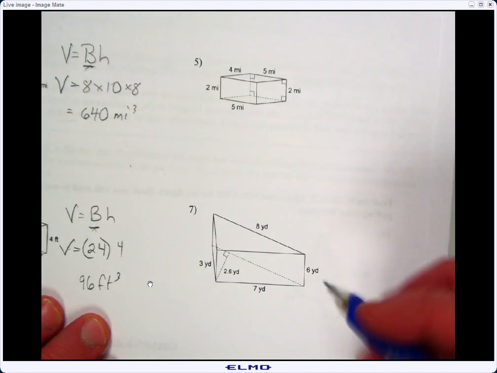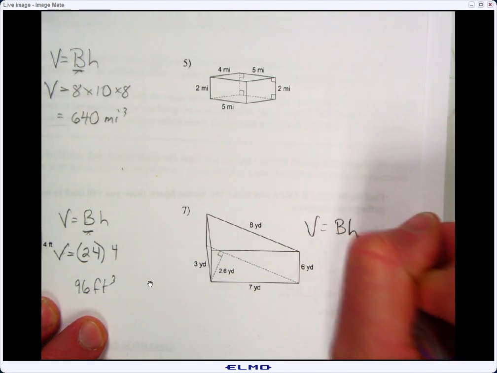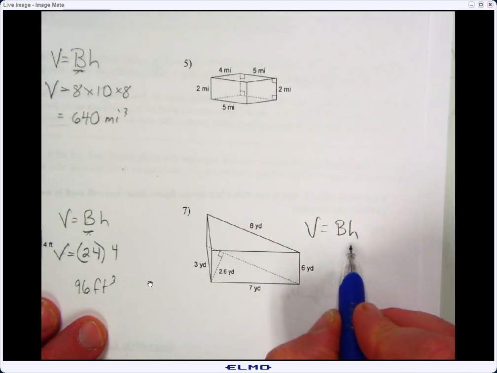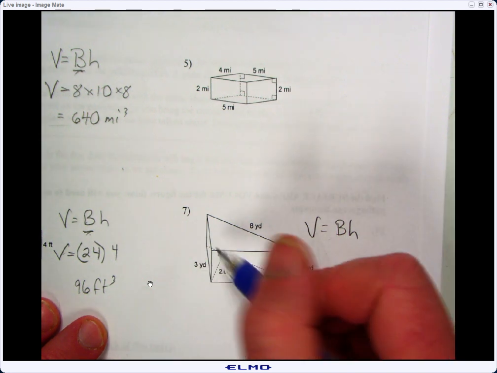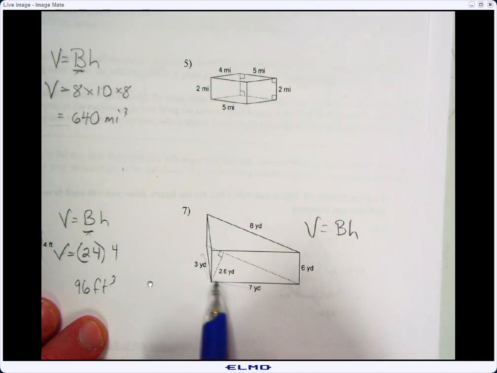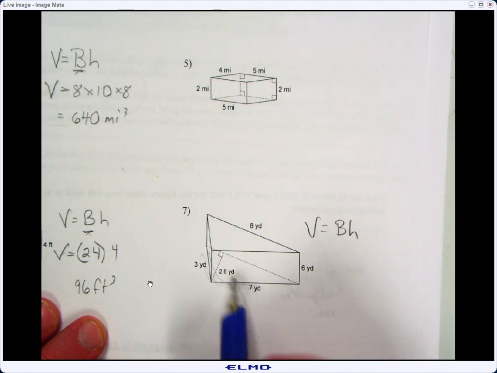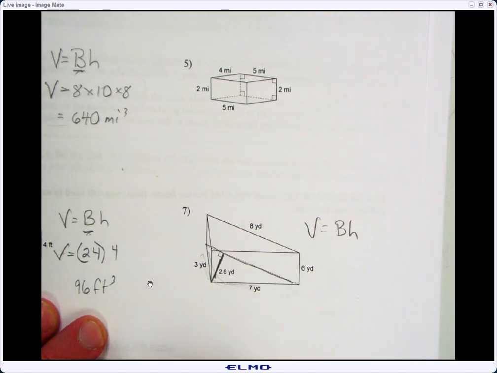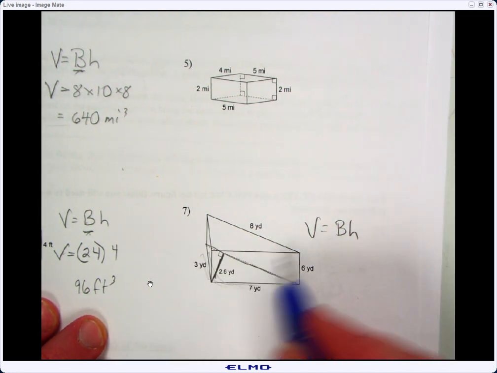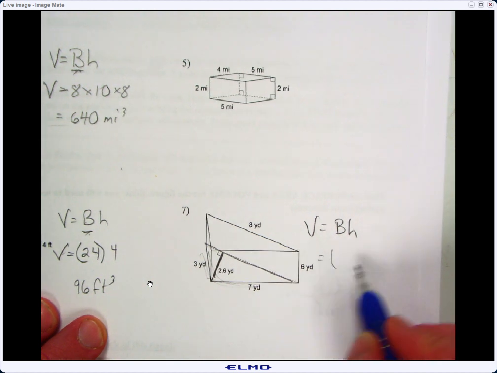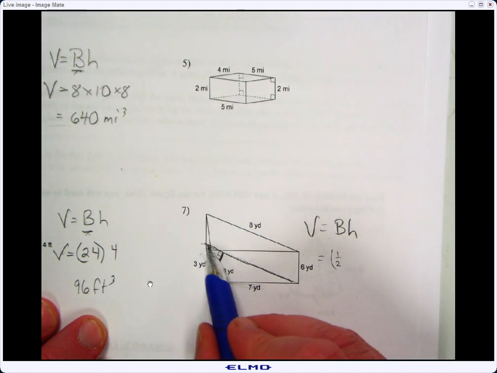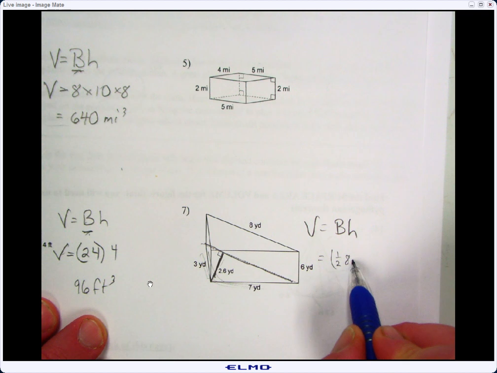Okay, so again, following your formula, volume equals the area of the base times the height. This time the base is a triangle, and this is not 3 times 7 times a half. The height is there, and the base is there. So in this case, it would be 1/2 8 times 2.6.